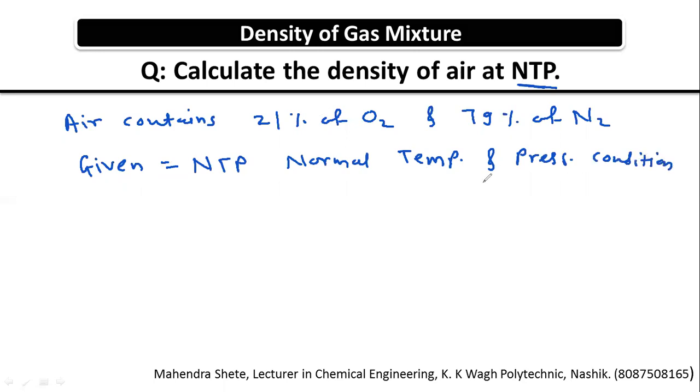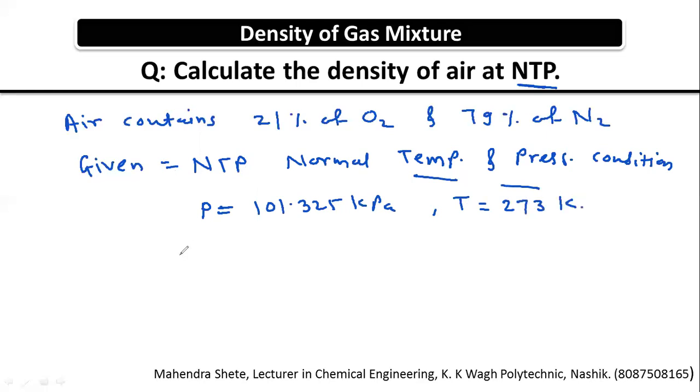Normal temperature and pressure condition means the pressure for this system is 101.325 kPa, and the temperature for this case is 273 Kelvin.